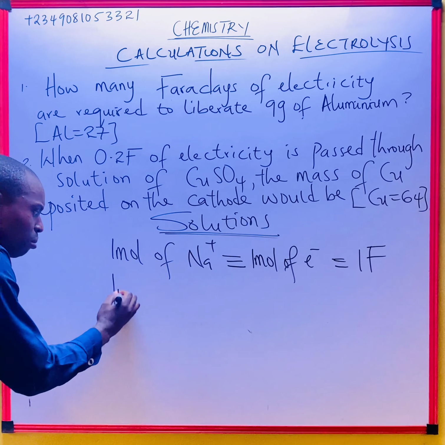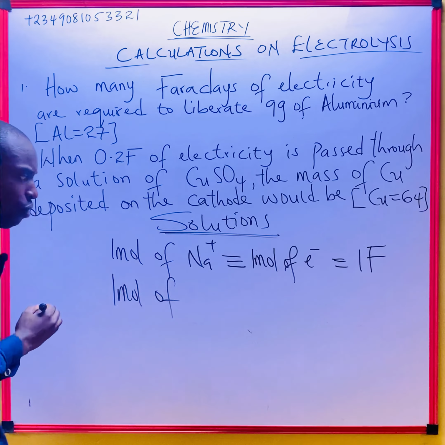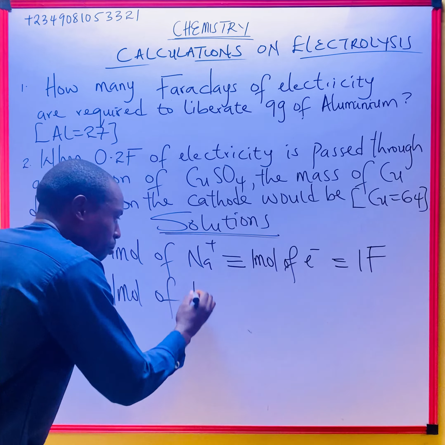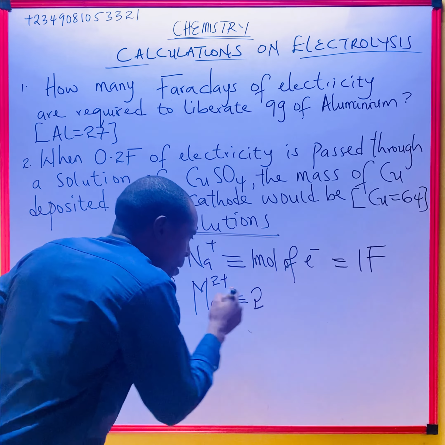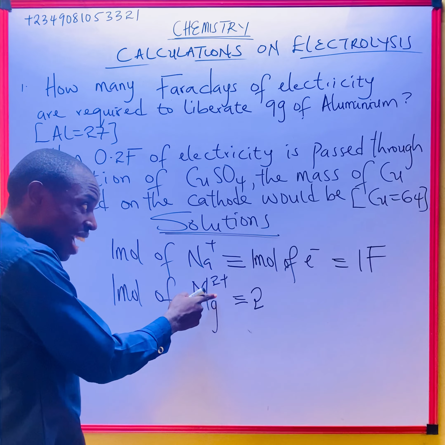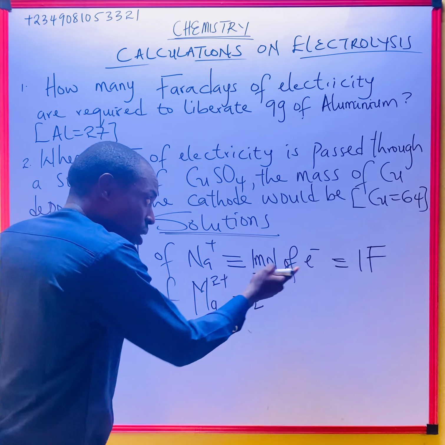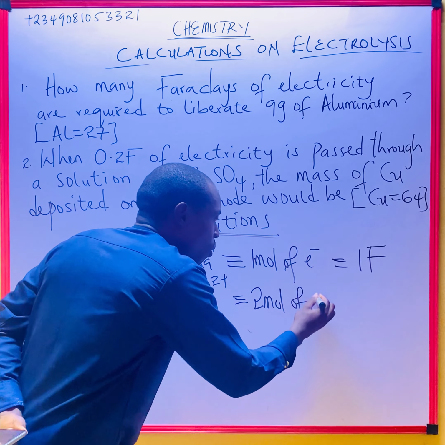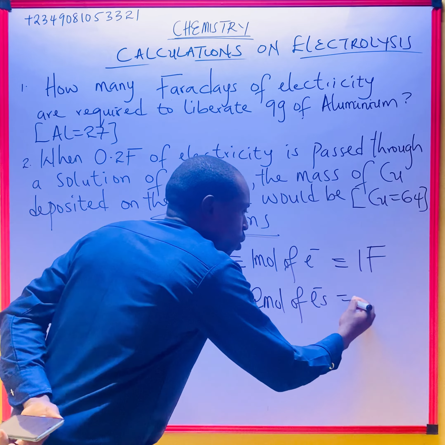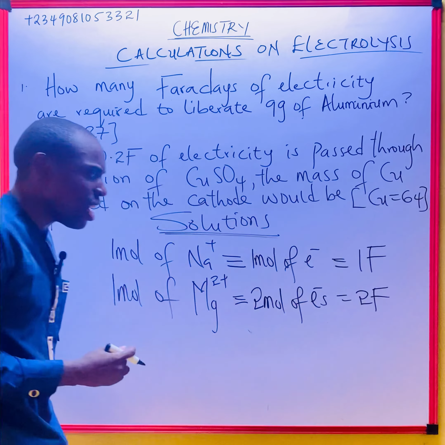But 1 mole of magnesium ion, please take note of the charge, is equal to 2 moles of electrons. You pick the charge as the mole. 2 moles of electrons is equal to 2 farad. So be very careful.